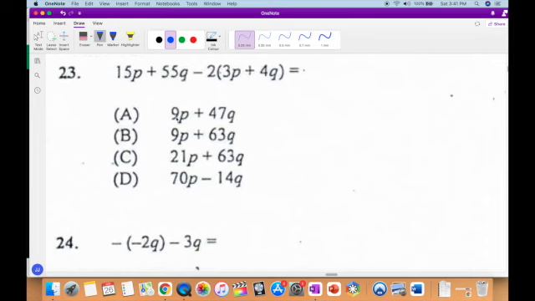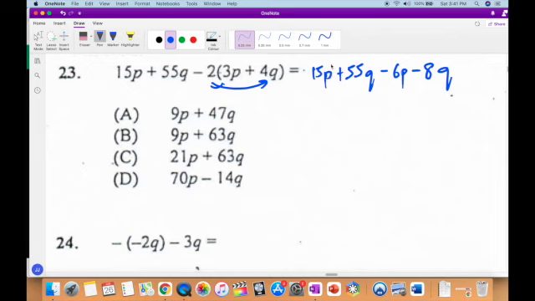So in this case, I see P's and Q's, the first thing I'm going to do is expand my brackets. So I'll have 15P plus 55Q minus 2 3s are 6P, and then negative 2 times 4 is minus 4 2s are 8Q.